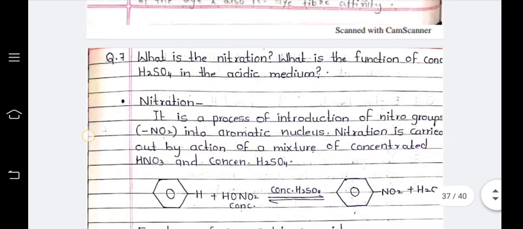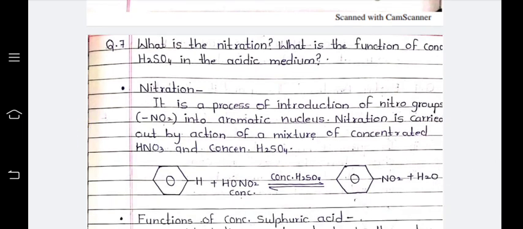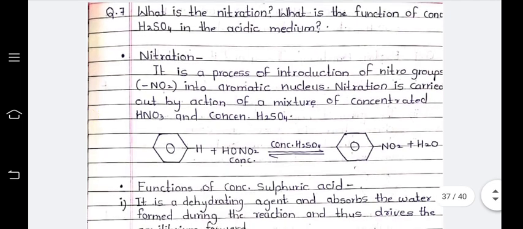Next is: what is nitration, and what is the function of concentrated H2SO4 in acidic medium. Nitration means addition of NO2 groups.